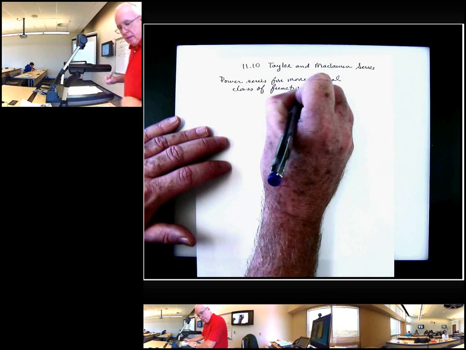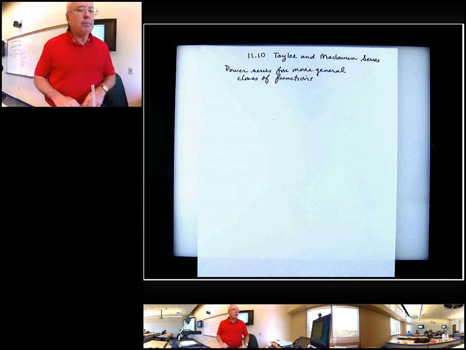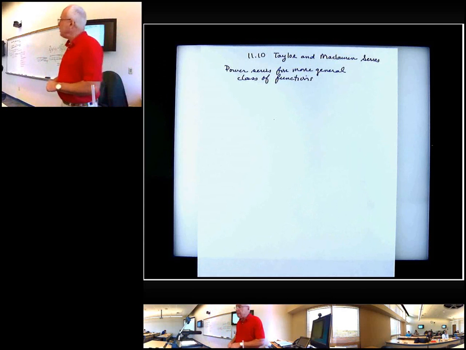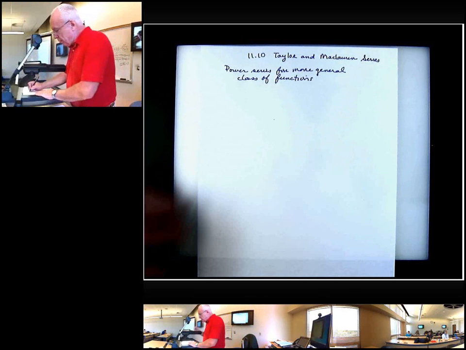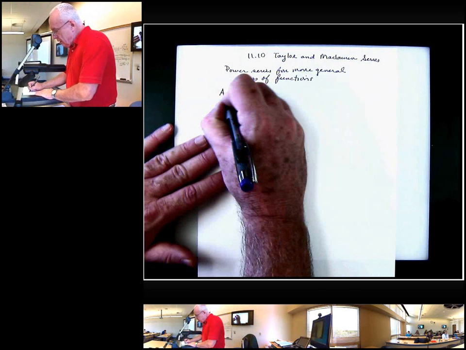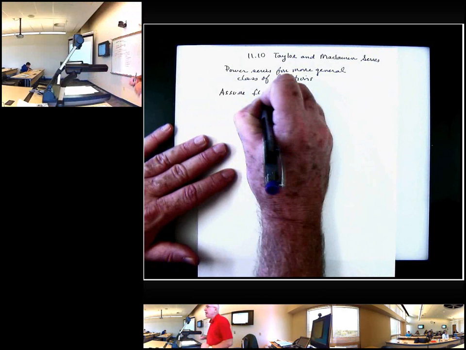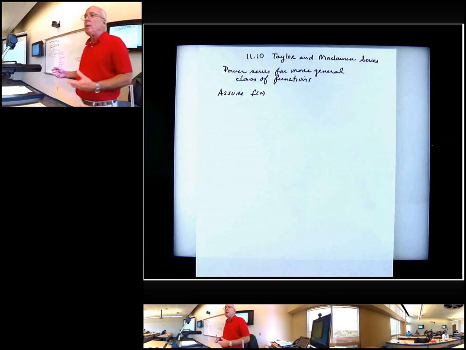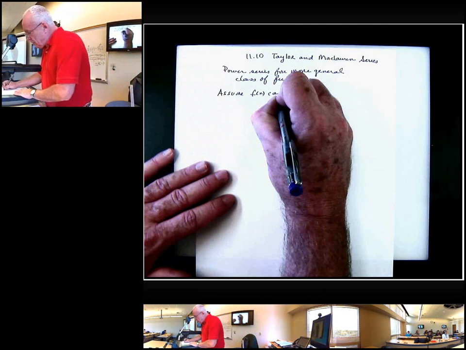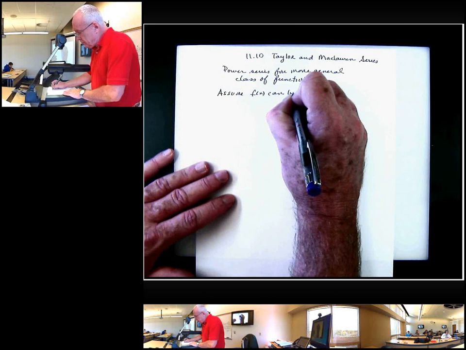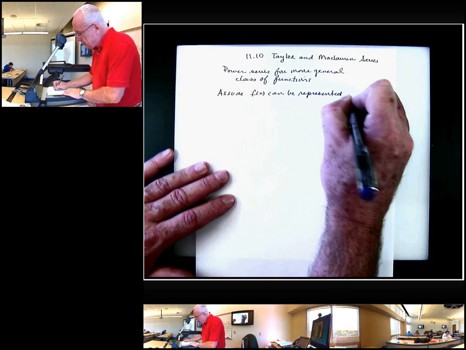Now, what I'm going to do here is develop the idea of this thing called a Taylor series. We're going to start out by assuming that our function, we'll just use the generic f of x, can be represented as a power series.